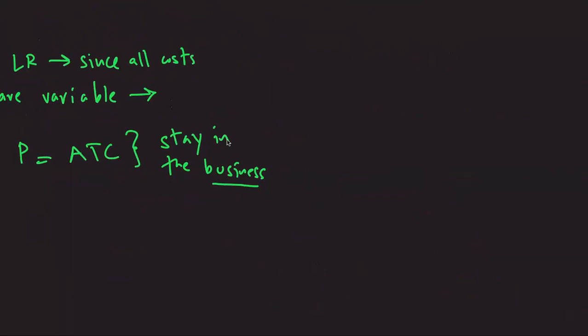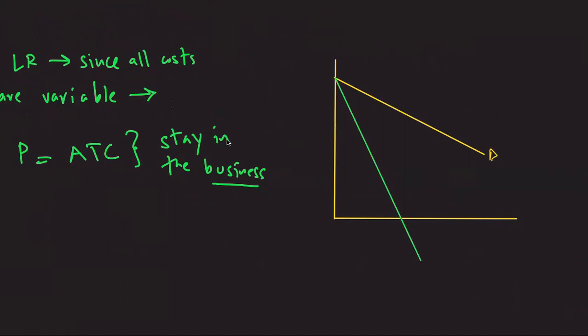For monopoly, for example, the long run part may still have the same implication because the demand curve is let's say downward sloping. This is my MR, right? But this is my marginal cost. MC equals MR happens here.